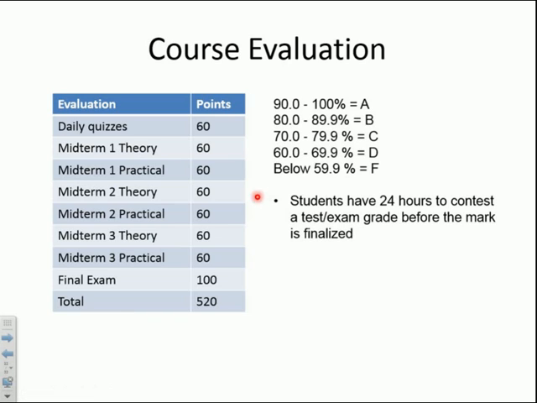What this means is, if you get your midterm 1 theory exam back, you're able to look through the answers, and you think that either an answer was miskeyed or you misinterpreted the way that the question was written, you will be required to write a formal appeal justifying why you think you deserve an additional mark, and I need to receive that within 24 hours after you have viewed your exam.